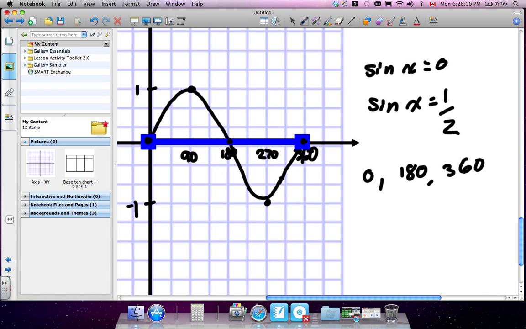And then again, at a half, which would be here. So let's go straight. There we go. Our sine wave is going to pass twice. Okay?